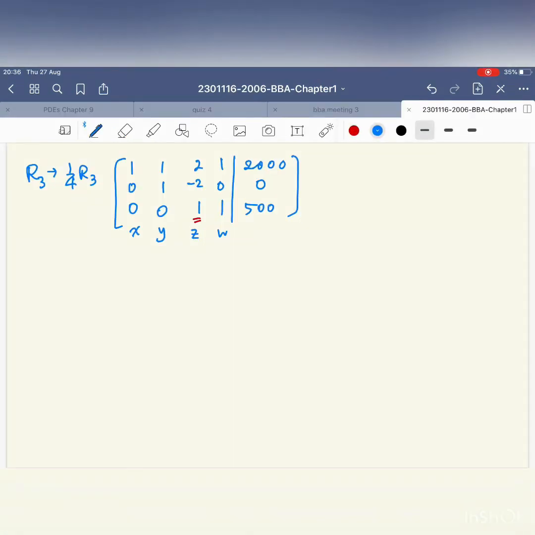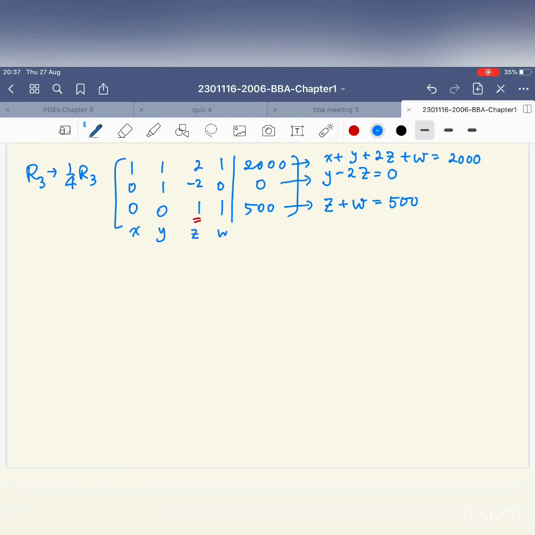Now rewrite it into a system of equations, okay? So we start from the bottom, which we got z and w equals to 500, okay? And then for this one you have y minus 2z equals to 0. And the first one, we got x and y and 2z and w equals to 2000.